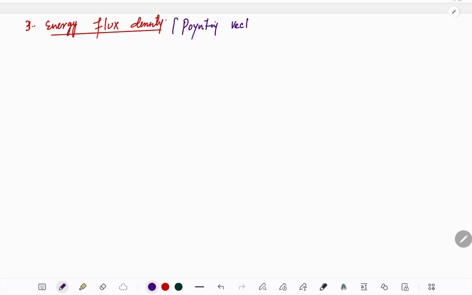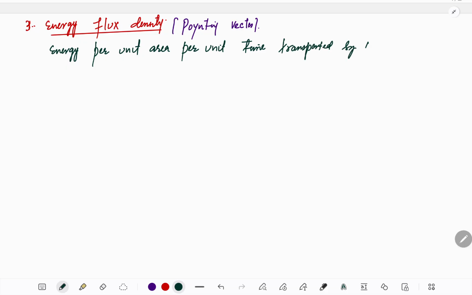What it says is energy per unit area per unit time transported by the field.